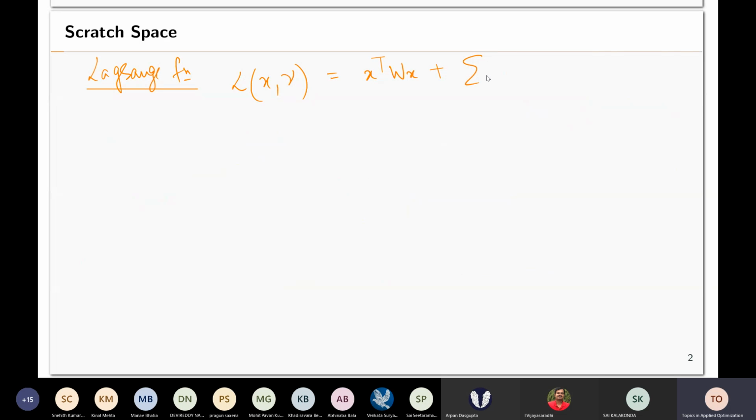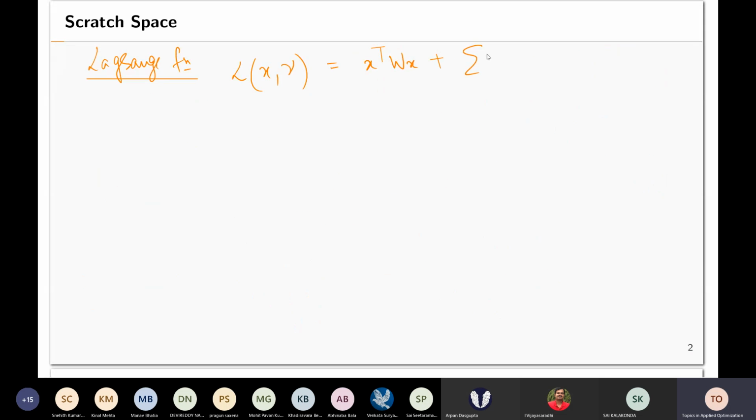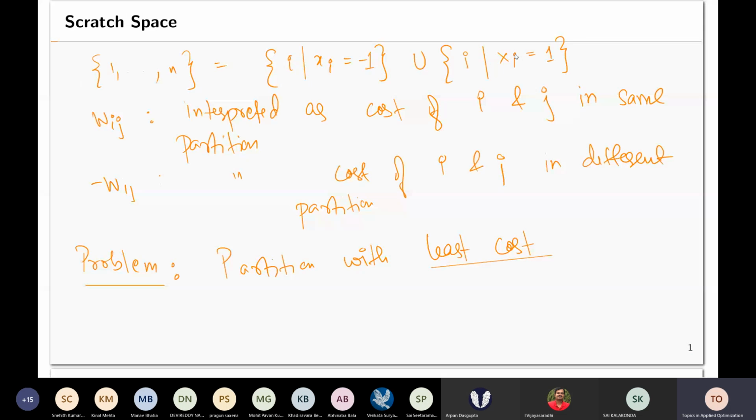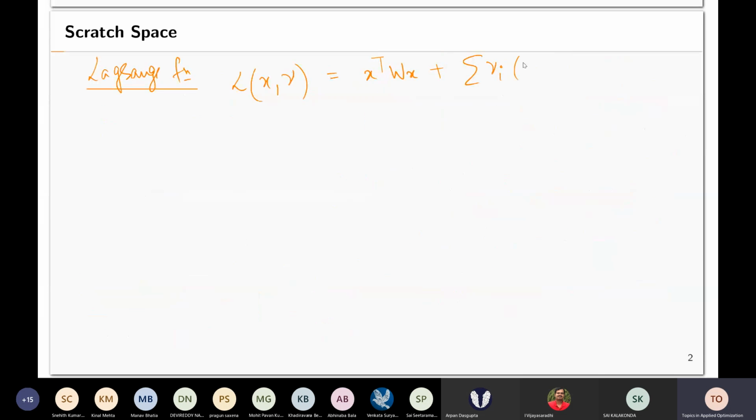But if it is given in the individual terms, then I prefer to write this in the individual term, in the sense that nu_i, and then what was the equality constraint? xi square minus 1, times xi square minus 1. That's all, and i is 1 to n.